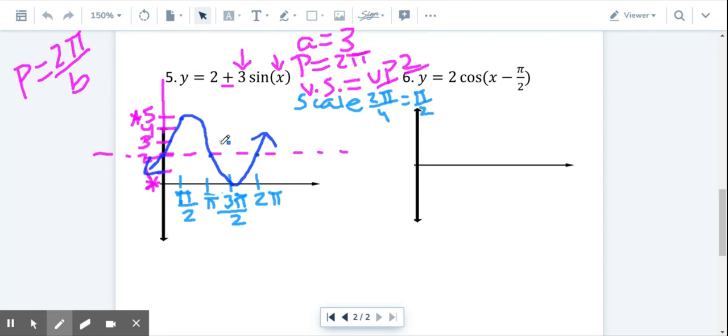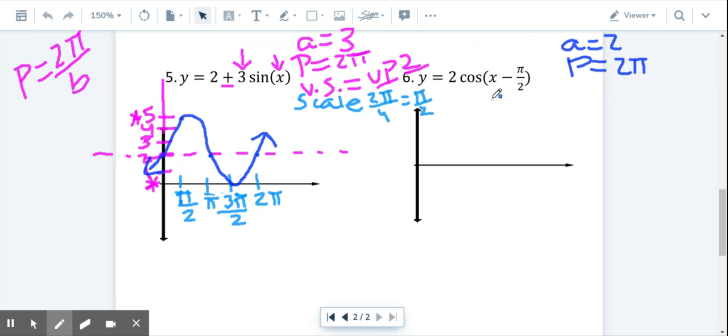So when you do problems right now, you can just do one cycle. Moving on to this example over here, we have 2 cosine x minus pi over 2. So for this one, we need to start by finding all this information. So my A is 2, my period is 2 pi because B is also 1.